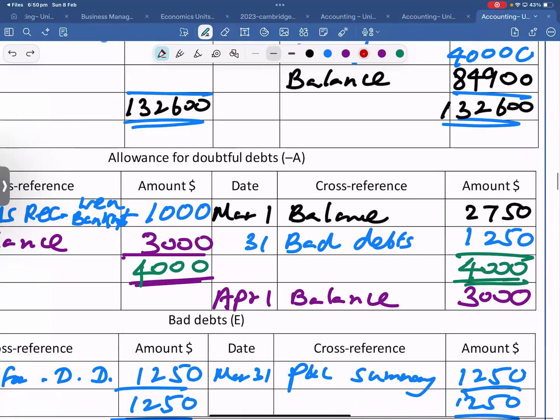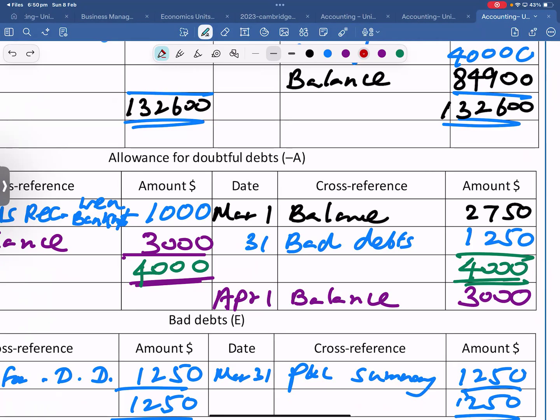When we start the period, we say 2750, meaning we are not sure about this 2750. Now we are saying it is decreasing by 1000 as that customer went bankrupt. Bad debt actually occurred, then as a result, what happens?